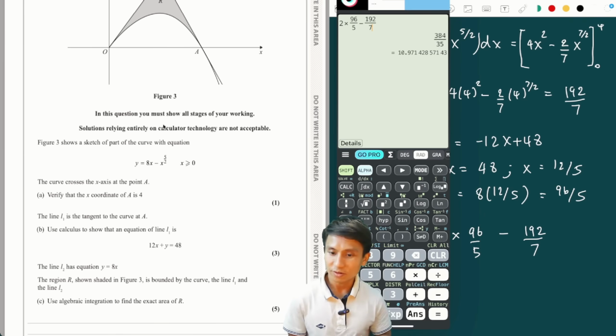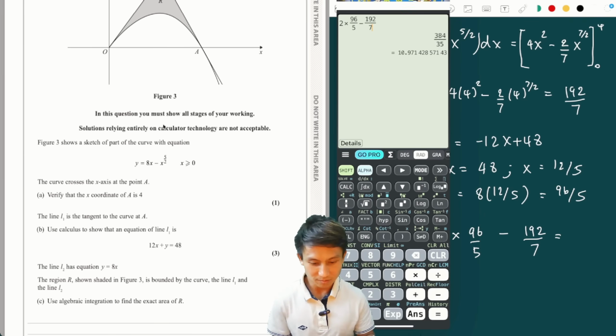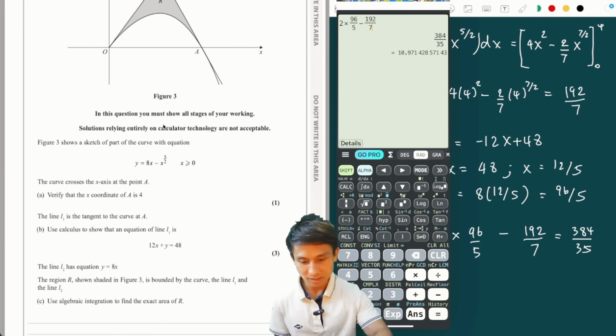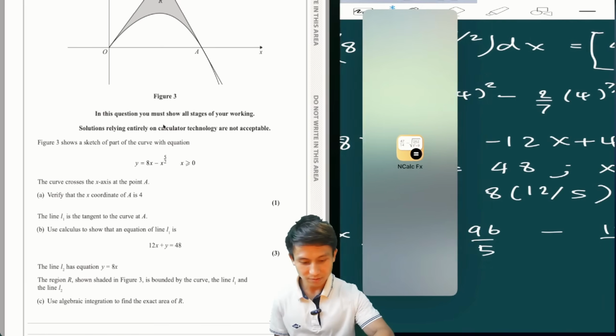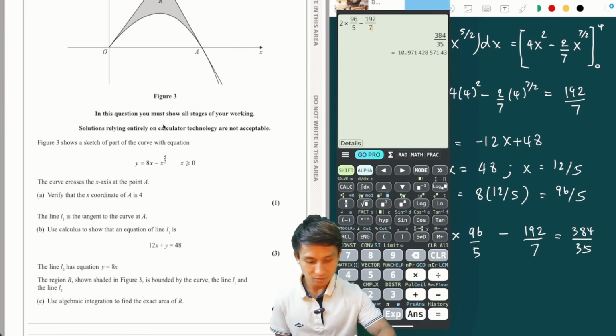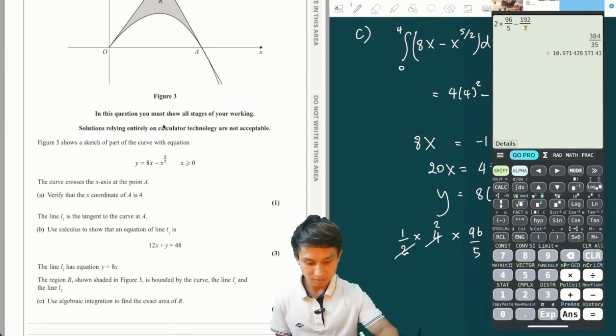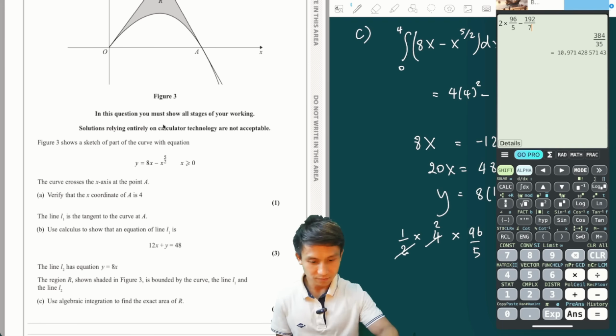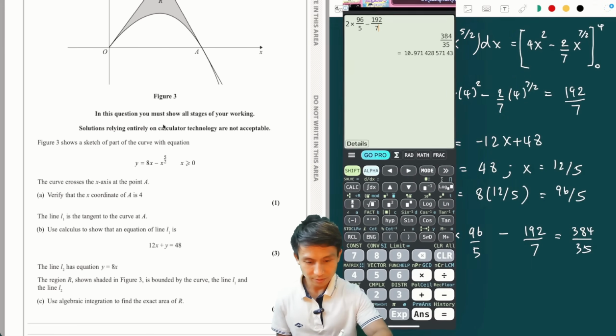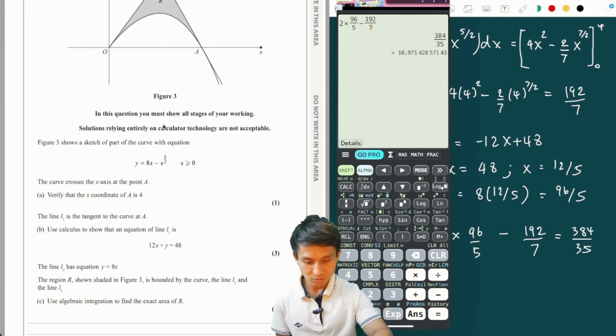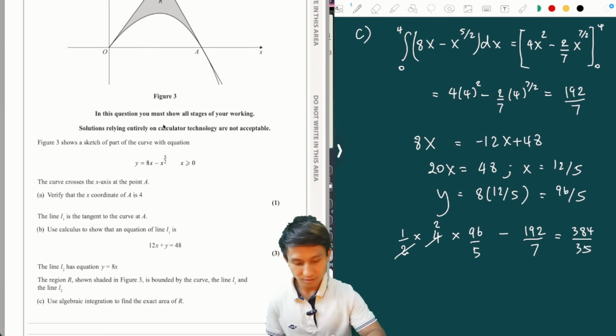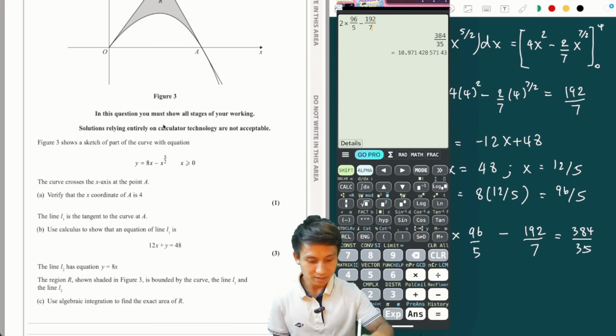So we want the exact area, so that should come to that. That looks intriguing. Let me check everything here first. So that's 2 times 96 over 5 minus 192 over 7. Okay, if all that is right, then the answer should be right.